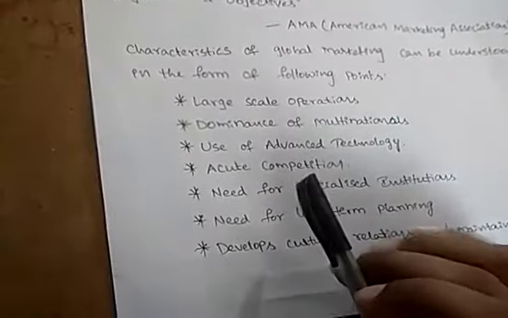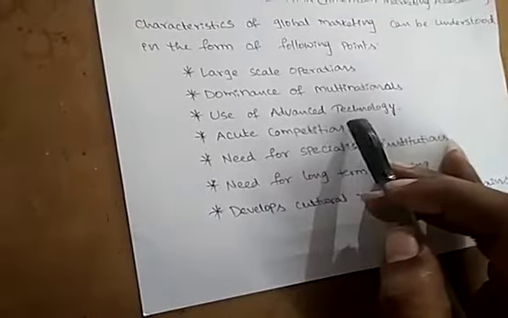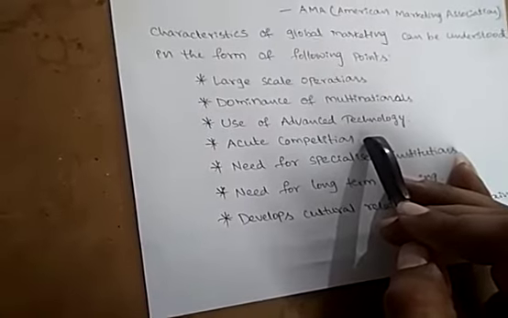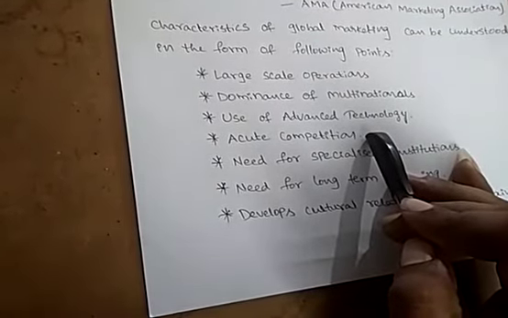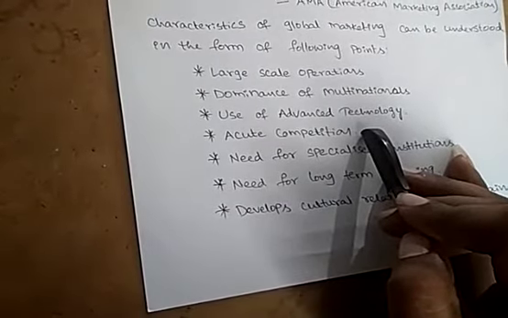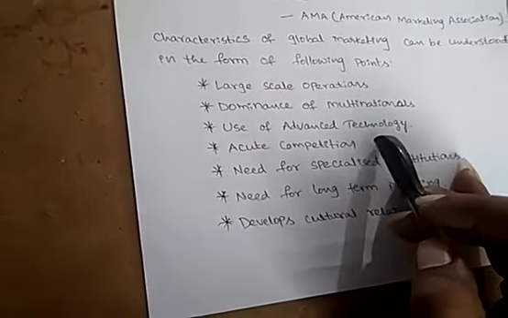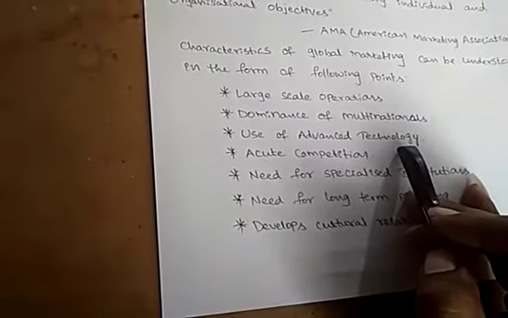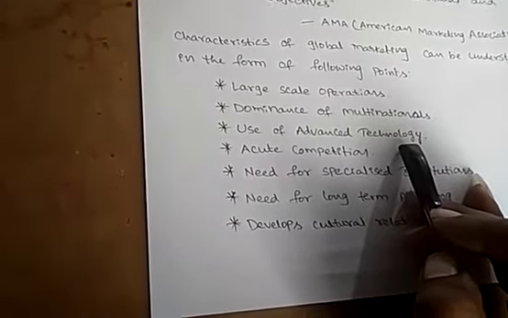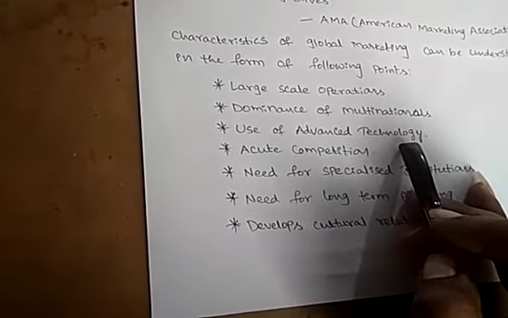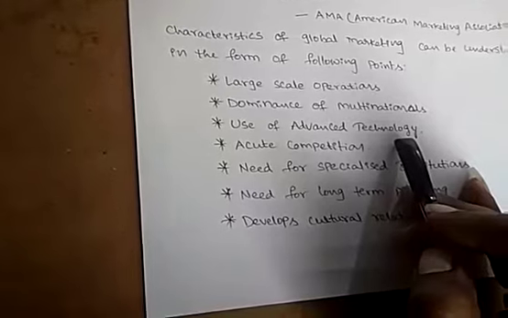Then, acute competition. We are living in a competitive world. There exists huge competition among different developing and developed nations. The developed nations, like the USA and Japan, rule the world and dominate the rest of the world.